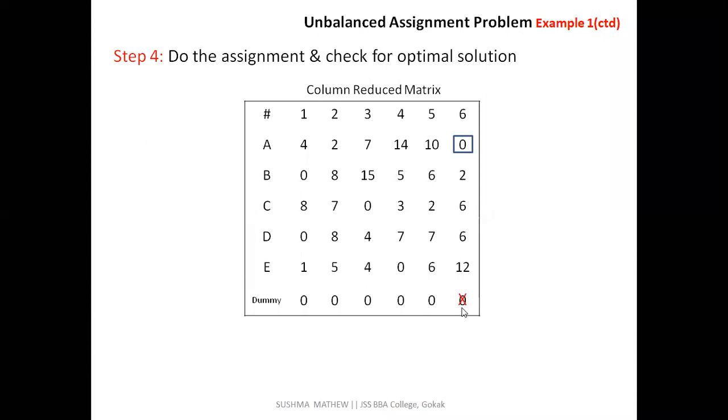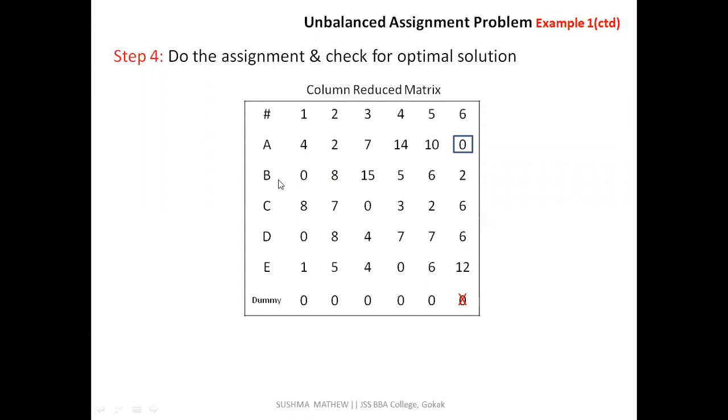That is not needed, because once we have done it for person A, we have assigned job 6. That means that job is fixed for person A. The same job cannot be given to any other person, dummy person also. So we are crossing out that. Next, again check row wise for B.